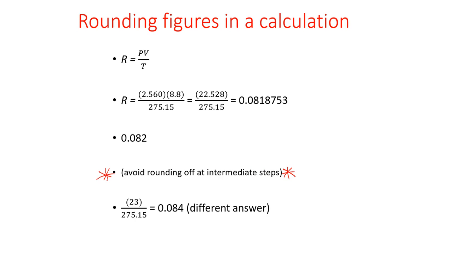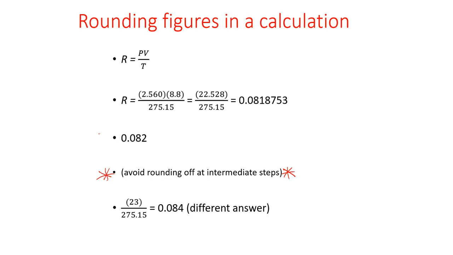You need to round only the final answer. For example, if I say I want my answer to three significant figures, in your calculations, try to have as many significant figures for your values as possible. And then you round only the final answer.